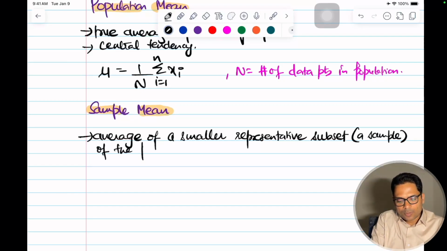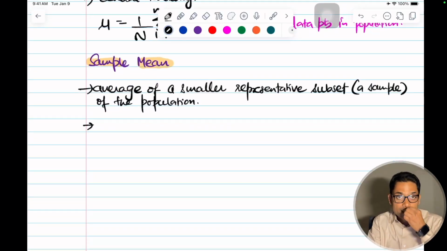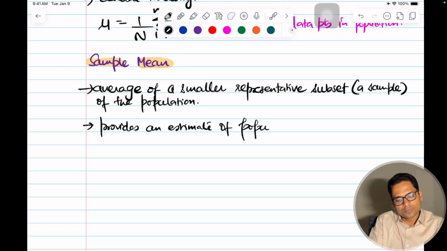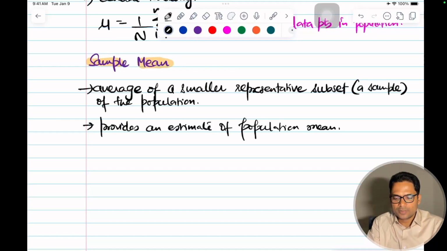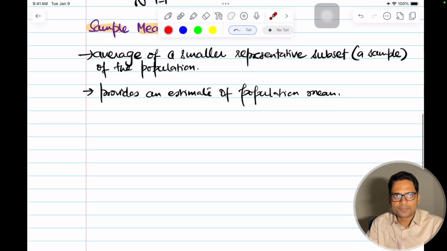That is the representative of the population in any case. This provides an estimate of the population mean, because we can't go for each and every data point in the population. Even if we don't have the exact value, this sample will give me the estimate. I hope these terms are clear.